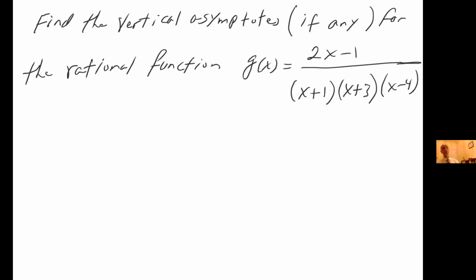Well, in this case, the denominator is already factored for me, so I don't have to do lots of work.